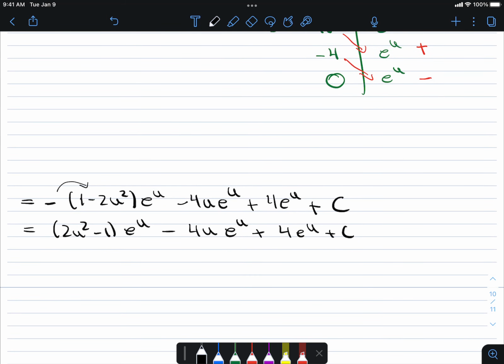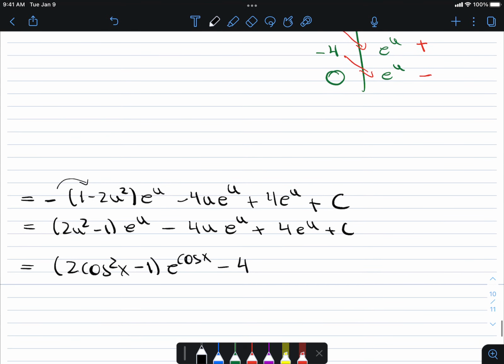So that means this is 2 cosine squared x minus 1 e to the cosine x minus 4. And u was the cosine of x. e to the cosine of x plus 4e to the cosine of x plus c.